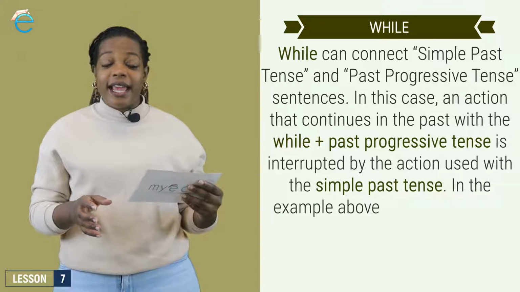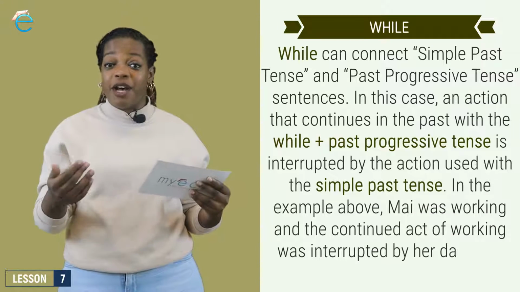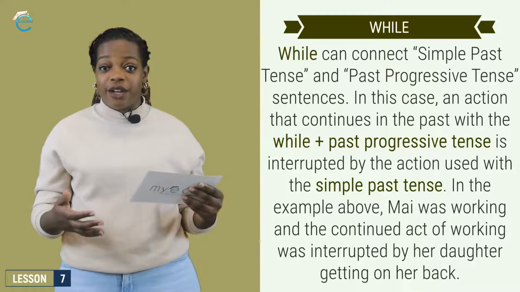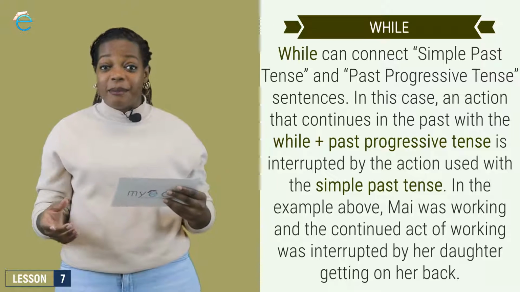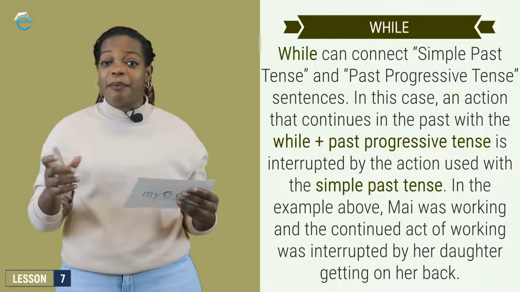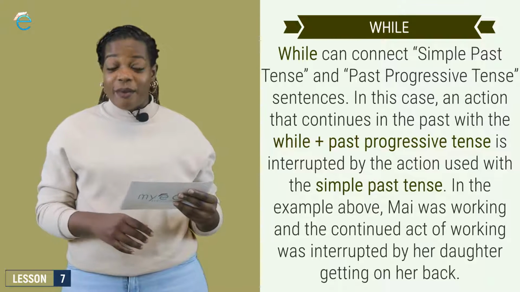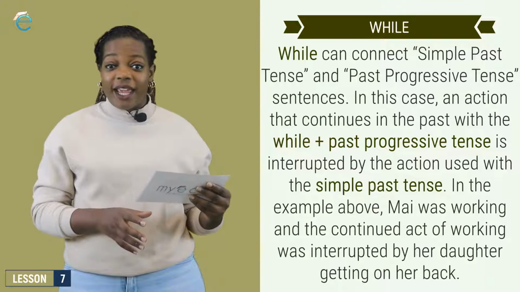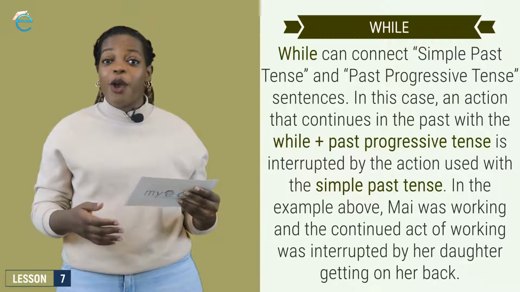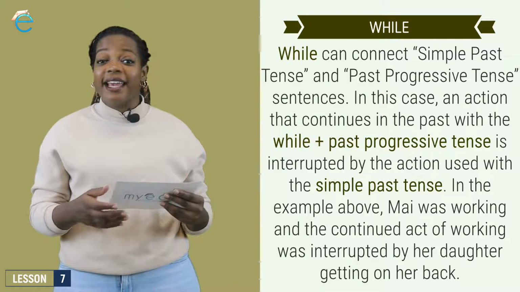Here we can see that the sentence connected with while and the past continuous is our continuing action, and it is interrupted by our sentence connected with the simple past structure.